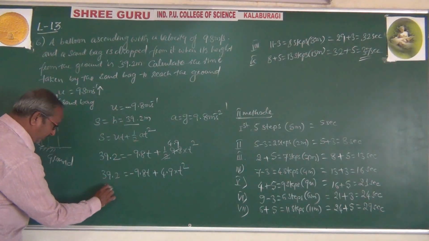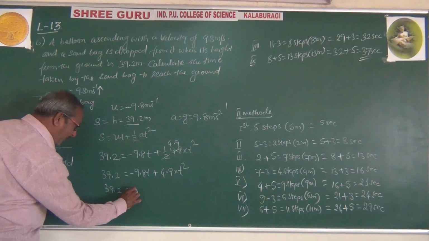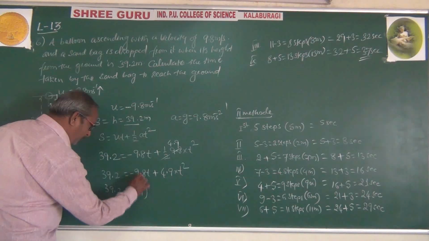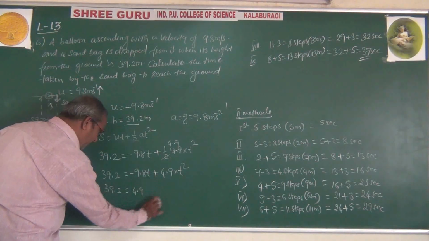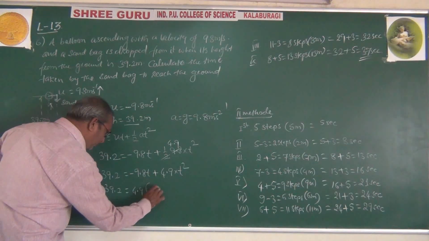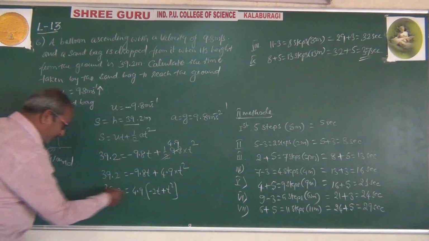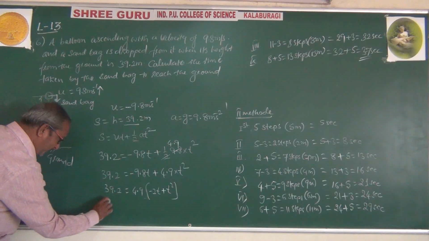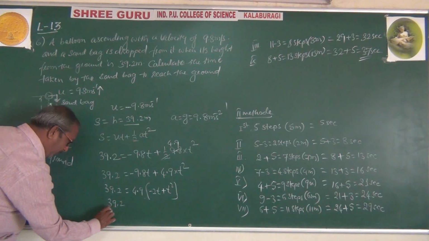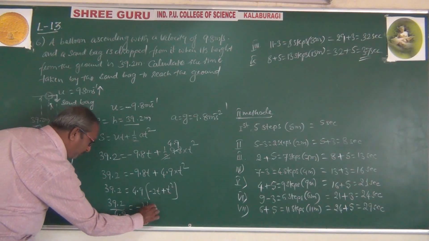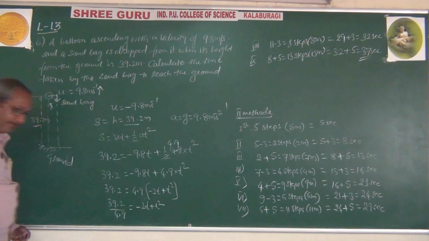Here 4.9 is common, so we get minus 2t plus t square. Dividing by 4.9, we have 39.2 divided by 4.9 equal to minus 2t plus t square.